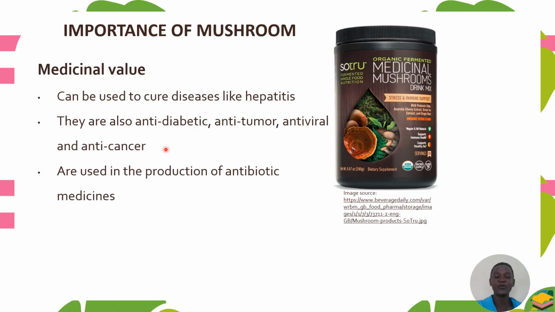Most of the diseases we suffer are due to lack of vitamins and minerals. So just by taking these mushrooms as food, apart from satisfying hunger, you can also eliminate or prevent those diseases. So that's it on the importance of mushroom.